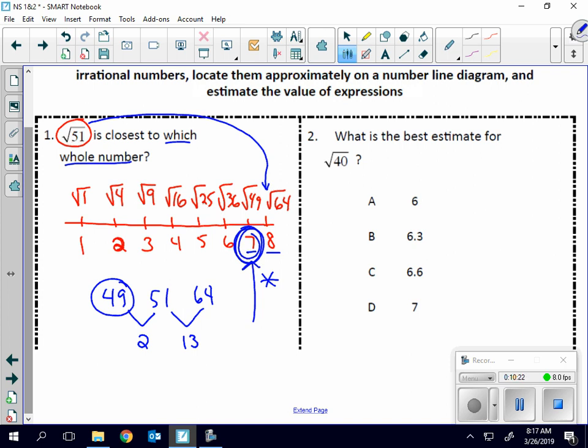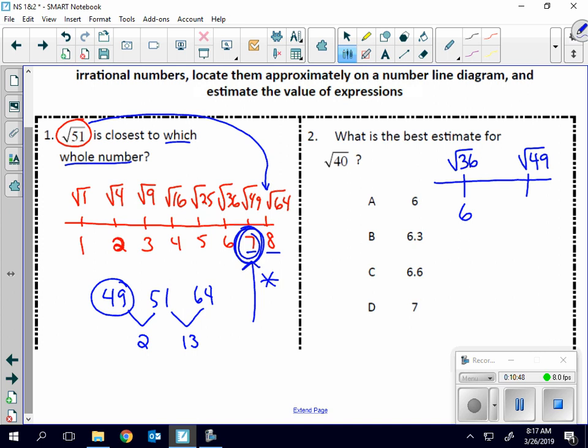What is the best estimate for the square root of 40? Well, again, on your number line, I'm not going to make every number now. You can see that it's going to be somewhere between the square root of 36, I know that one, looking at the number line next to you, and the square root of 49. And of course, the square root of 36 is 6.